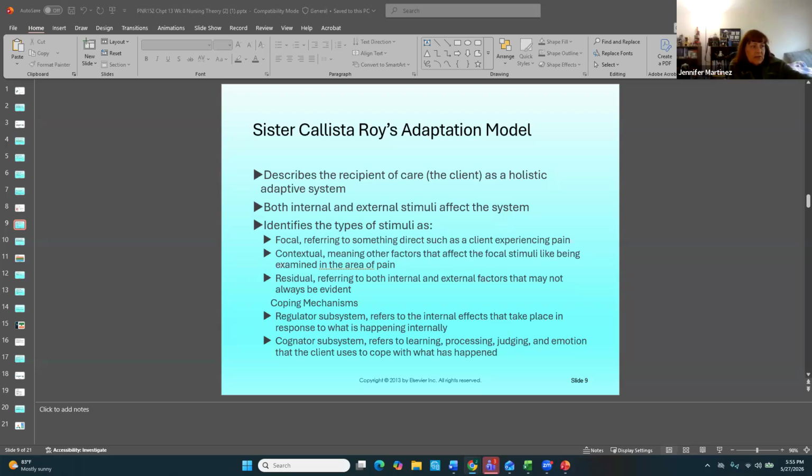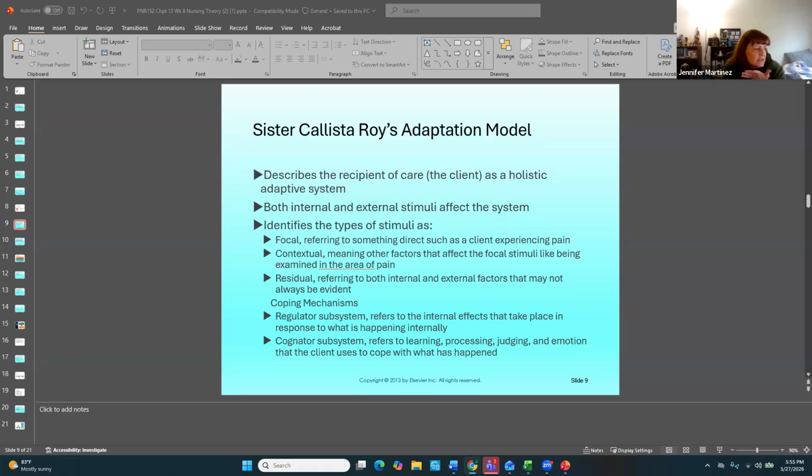The cognator subsystem is the learning process, the processing, the judging, and the emotion that the client uses to cope with what has happened. So this is more of what is going on within your head.